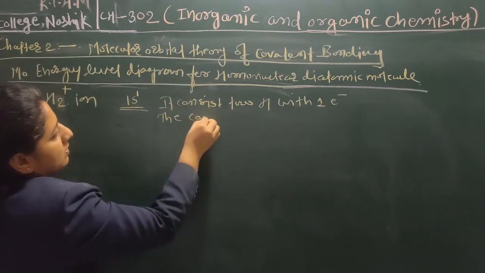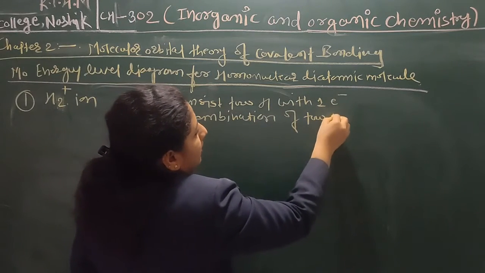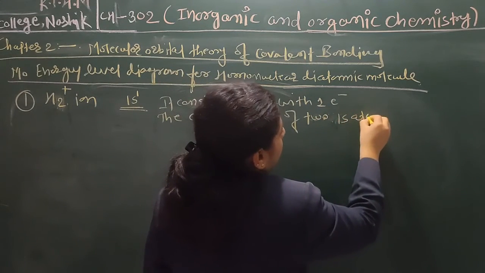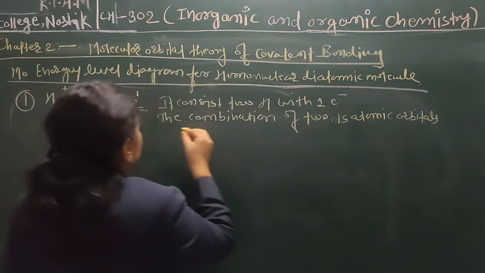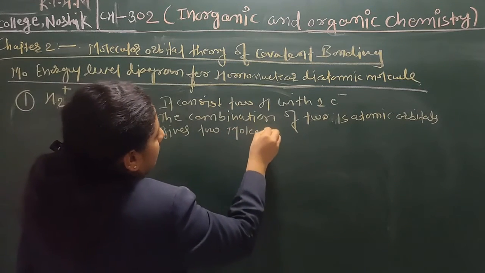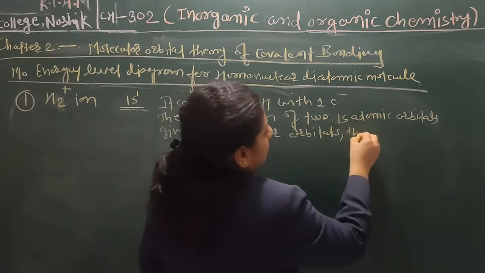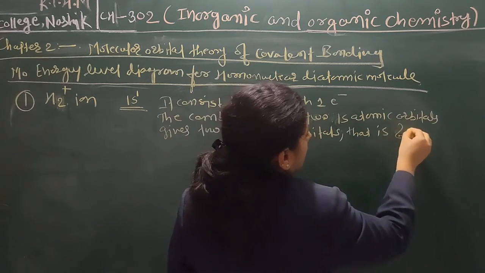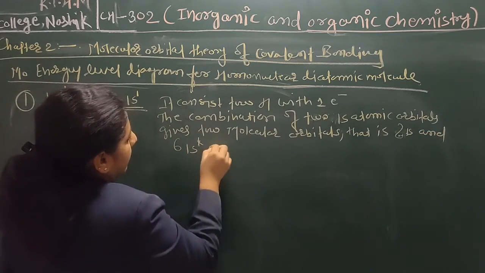The combination of the two atomic orbitals of hydrogen gives two MOs, that is the sigma 1s bonding orbital and the antibonding orbital.